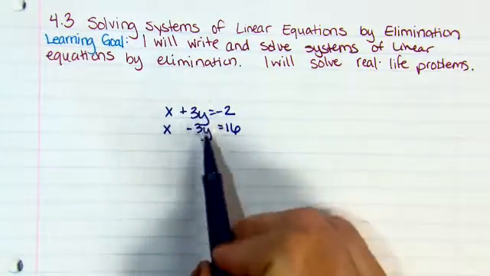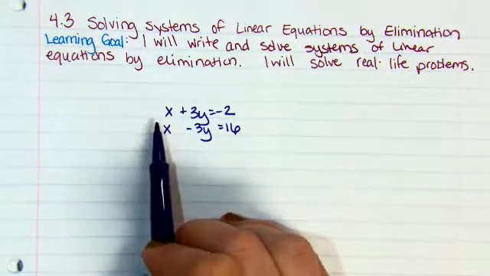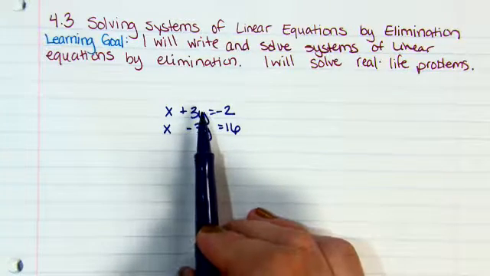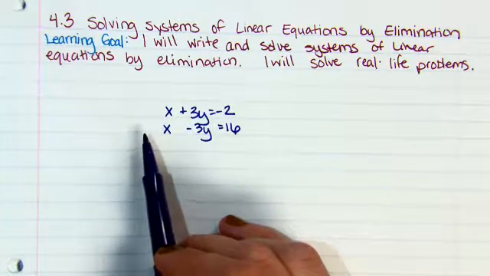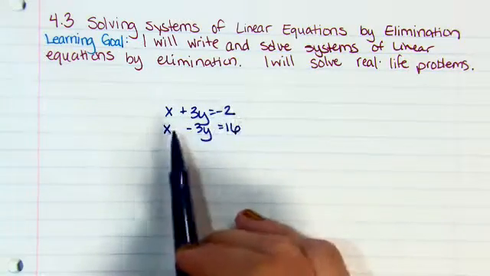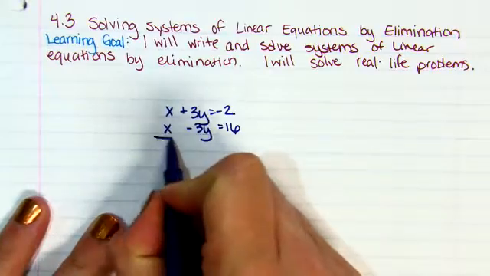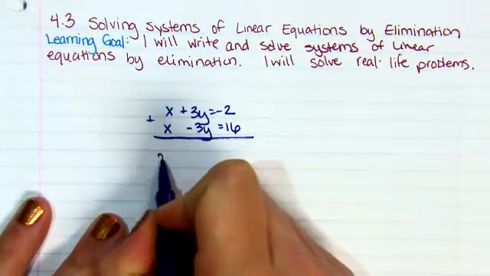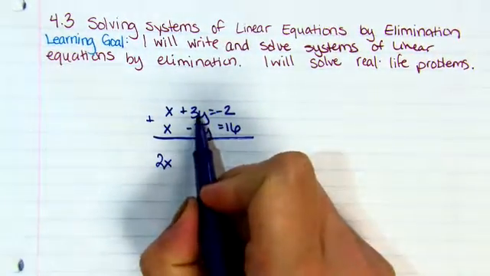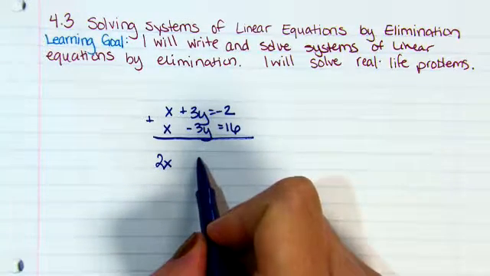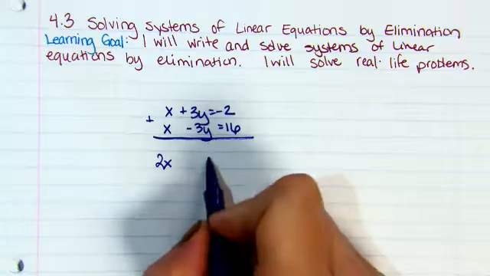So in this case, let's try and eliminate the y. If I add these two equations together, the top equation plus the bottom equation, I'll get 2x. And then I have a positive 3y, and I'm adding a negative 3y. That just makes 0. So I won't have any y's.